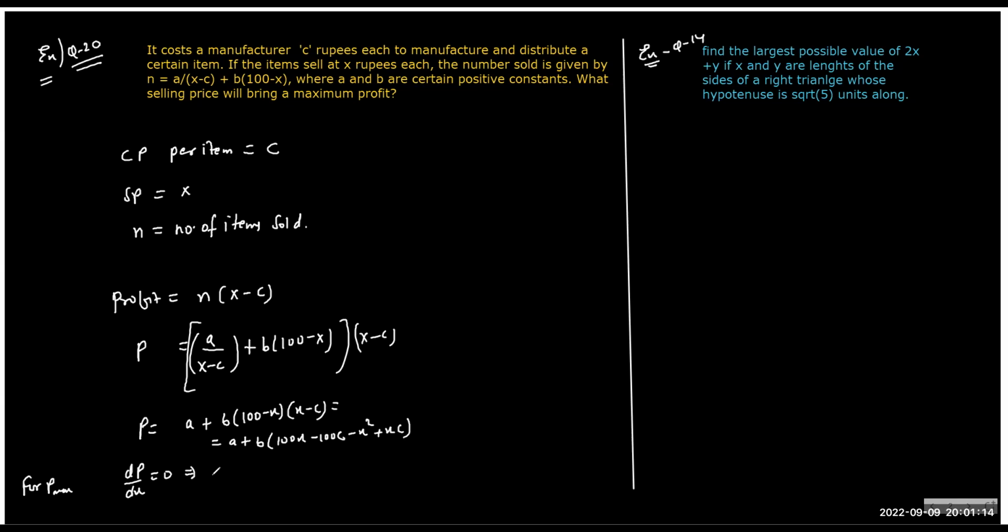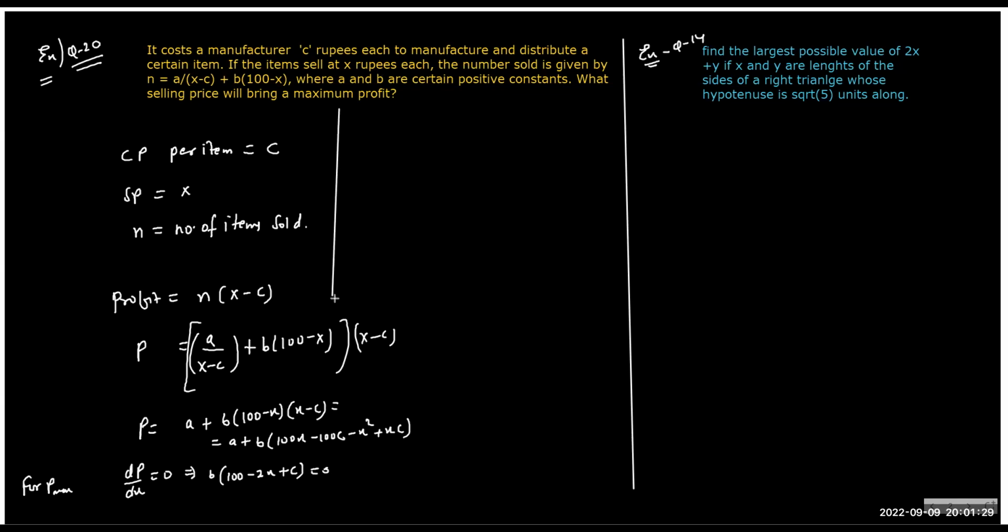So what will you get if you differentiate? B into 100 minus 2x plus C. And now if you equate to 0, you will get the answer.